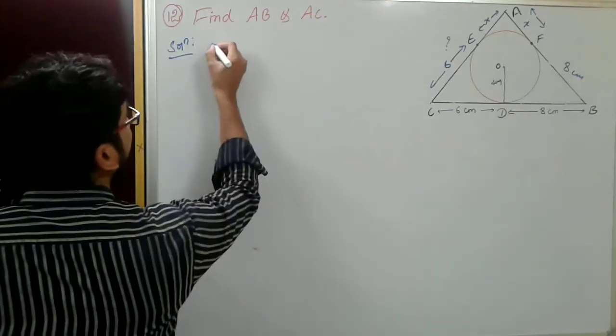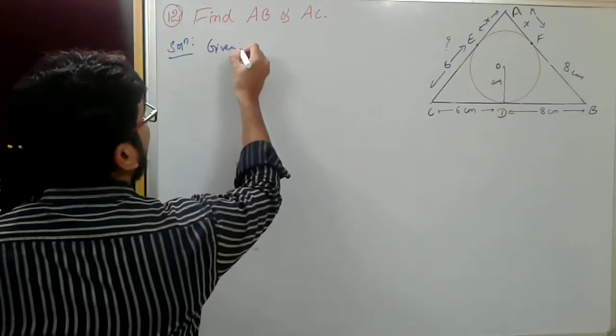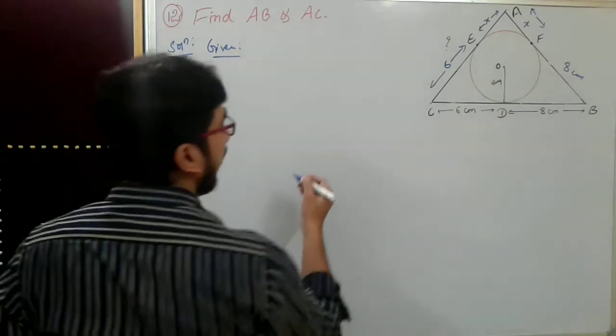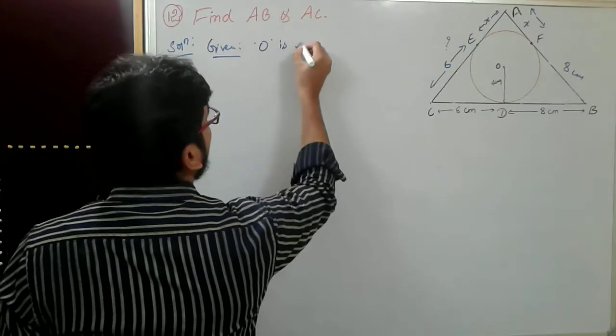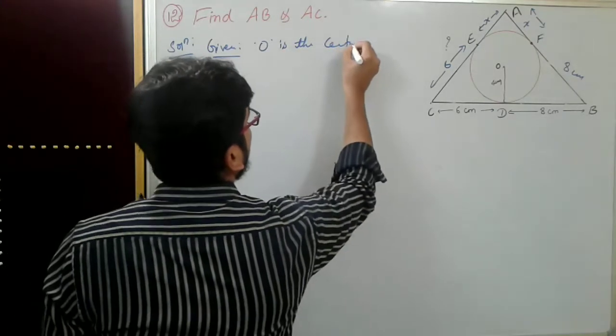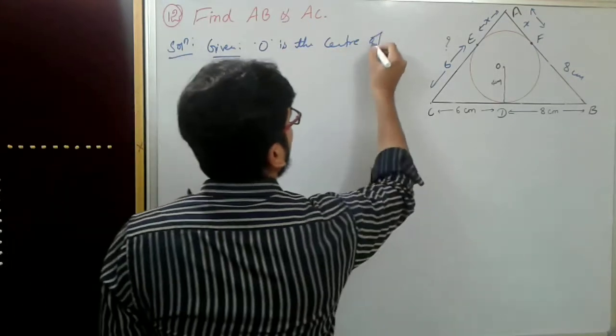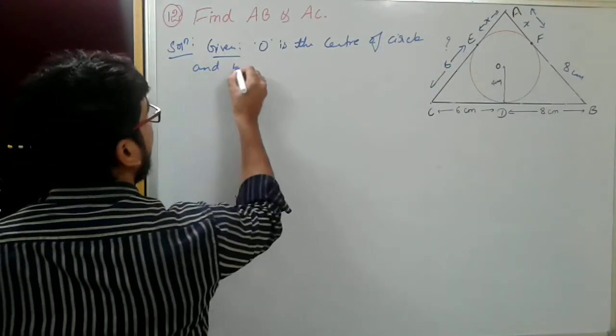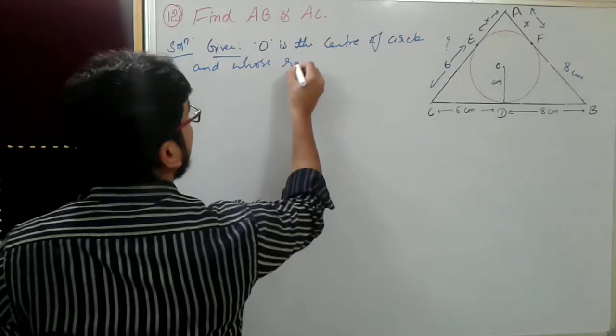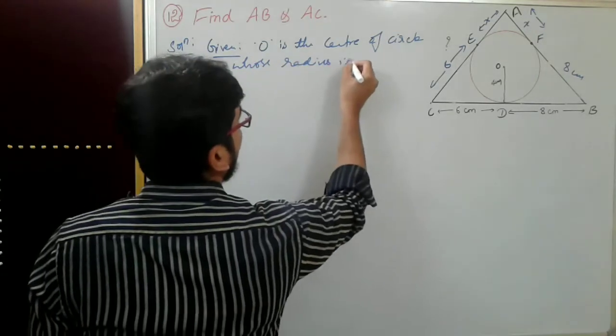Before that, let us write the given. O is the center of the circle whose radius is 4 centimeter.